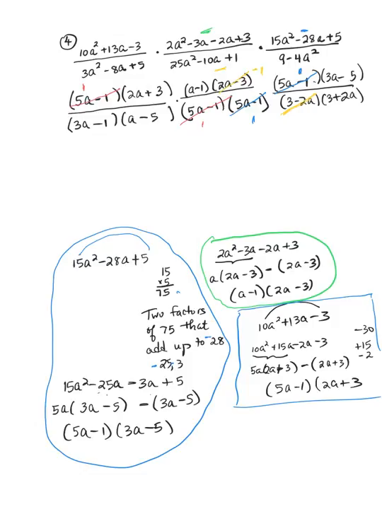I just realized that I made a mistake in the factorization of 3a squared minus 8a plus 5, and that I put the factors incorrectly. I put the numbers in the wrong space.